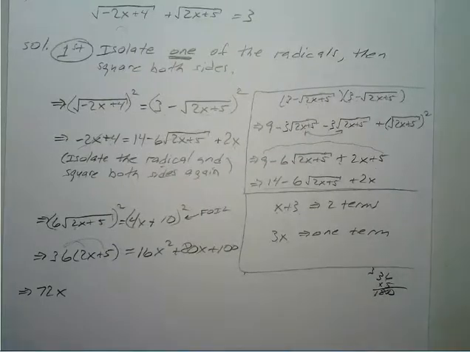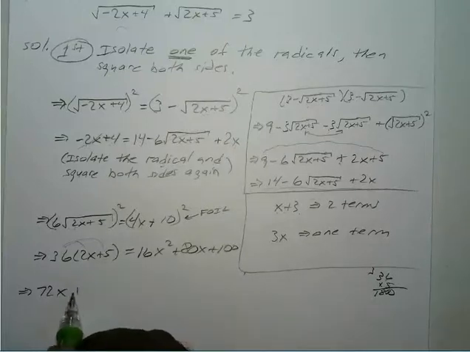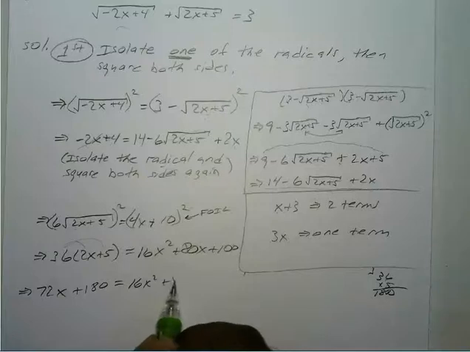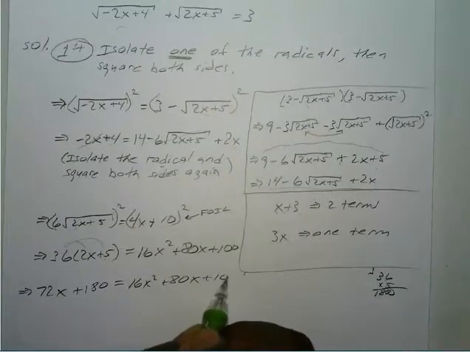That's 180. All right, so we have our plus 180 equals 16x squared plus 80x plus 100.